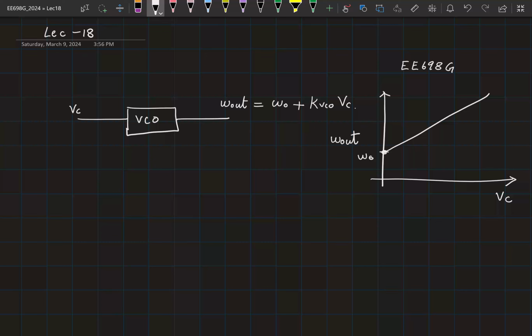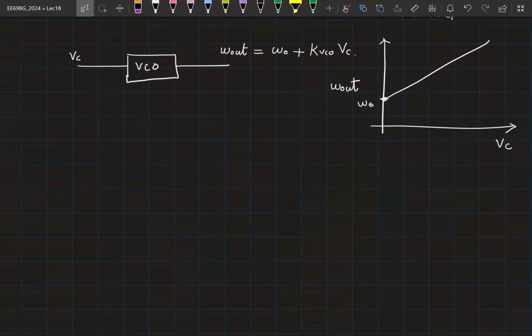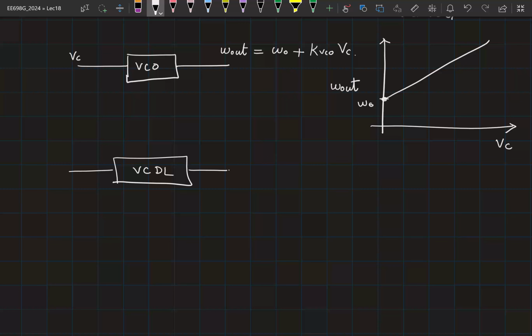What's the difference between a VCO and a VCDL? Okay. So in a VCDL, this is a voltage controlled delay line, right? If you give an input, that input comes at the output after a delay TD. And this TD is a function of VC, where VC is what you use for controlling the VCDL, right?